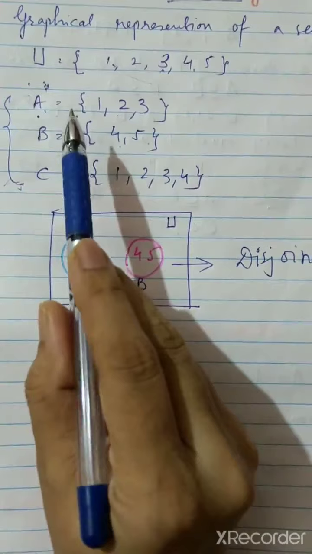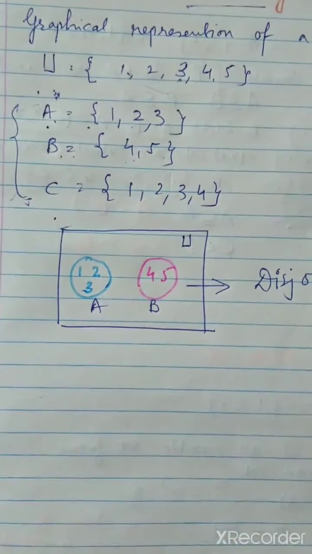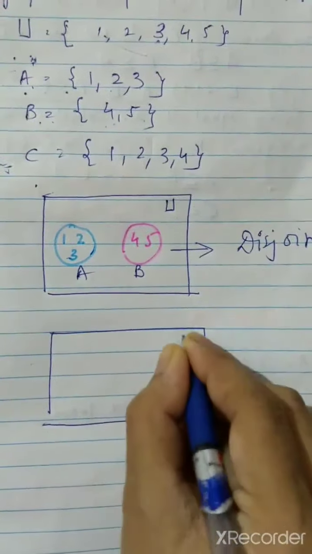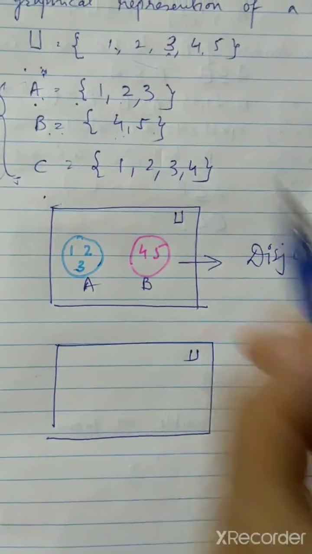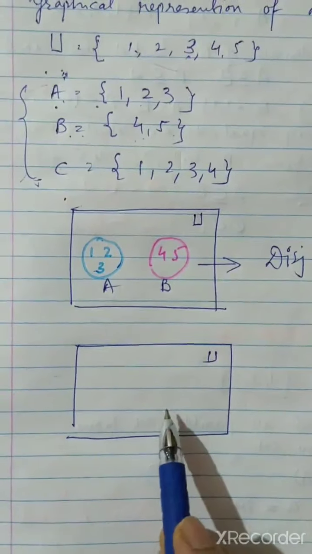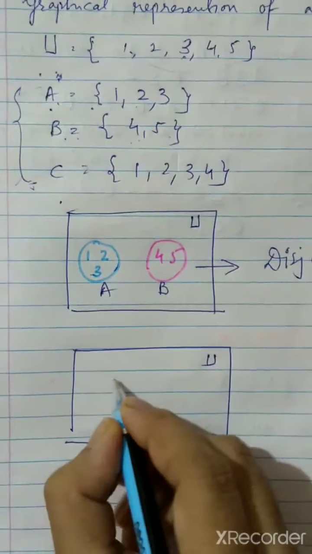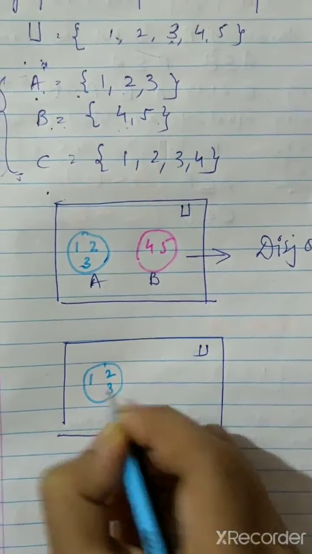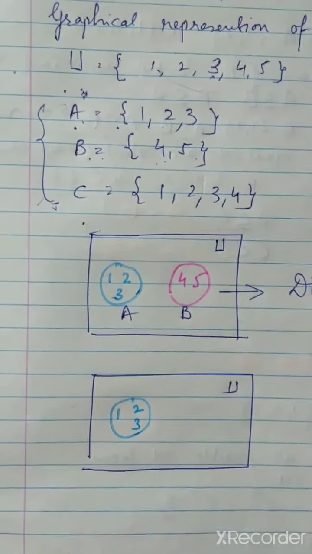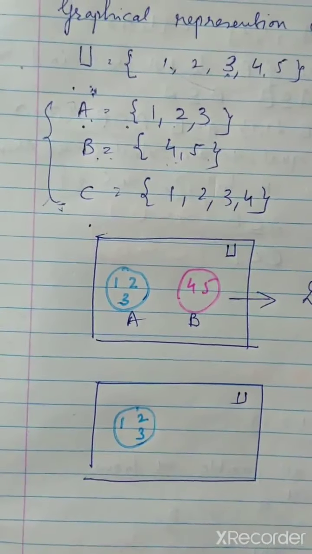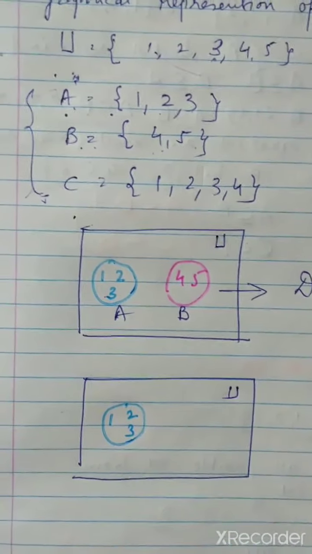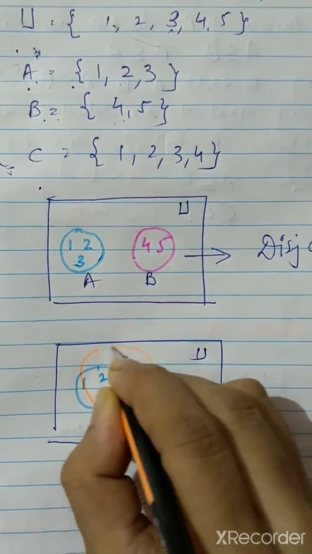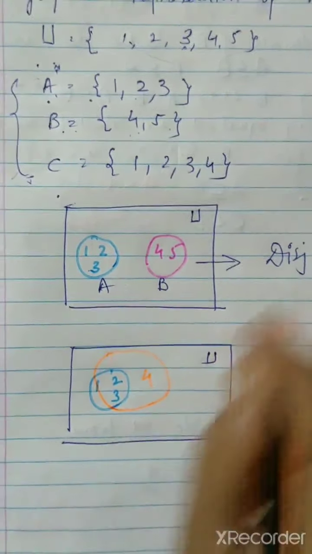Now observe B and C. Let's take a Venn diagram. U is the universal set which has all possible values. Now we will take again set A, 1, 2, 3, right, and we'll take set C. अभी सेट सी में व्हाट वी हैव, सेट सी में 1, 2, 3, 4 है, मतलब ये 3 भी है और एक चौथा भी है, राइट?